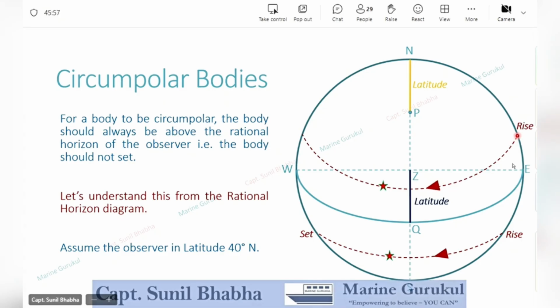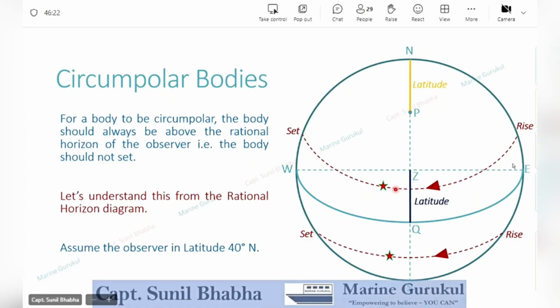The body will be rising at this particular point, moving in this particular direction, crossing the meridian here, and at this particular point the body is going to set. So we saw that even this particular body is not circumpolar. So it is not necessary that with Lat and Dec of the same name a body should certainly be circumpolar.